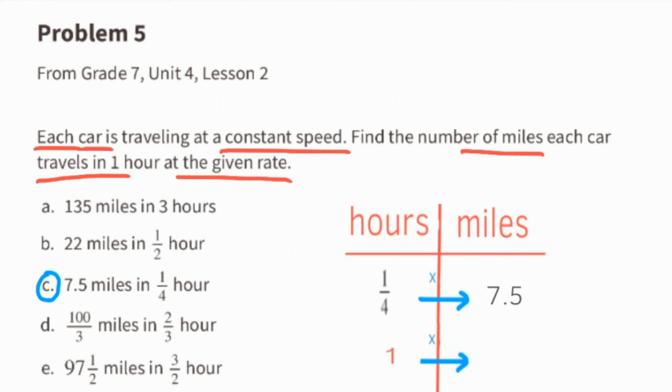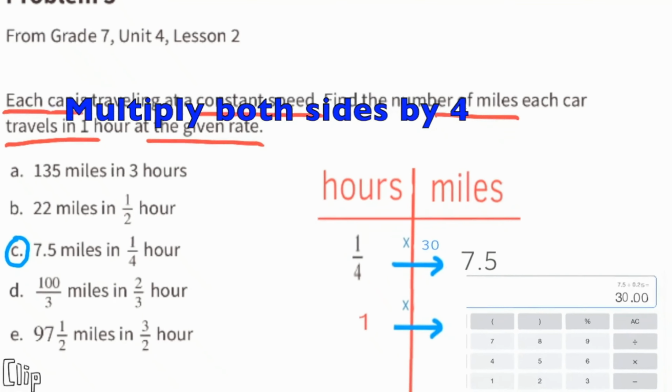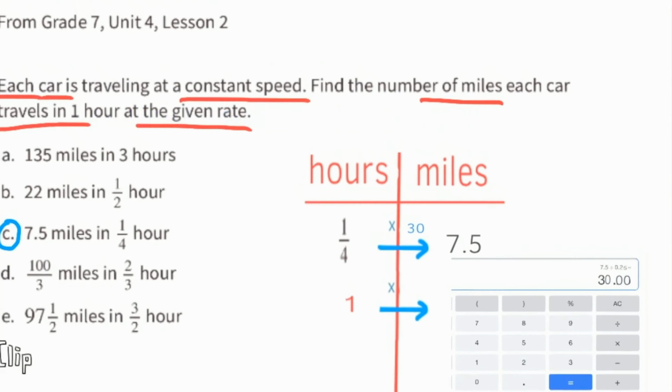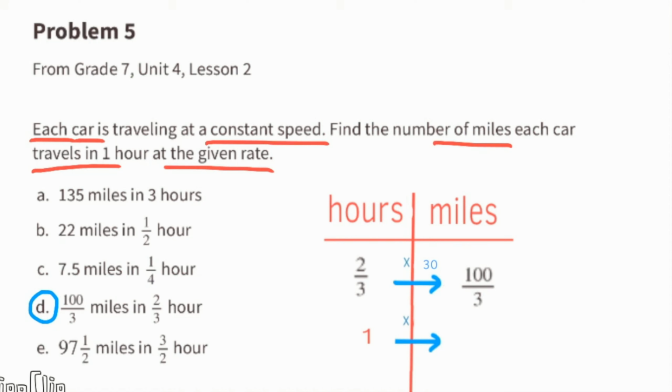C. The given rate is 7.5 miles in 1/4 of an hour. We can multiply 1/4 times 4 to make it 1 hour, and we have to multiply 7.5 times 4, which is 30. So car C is driving 30 miles in 1 hour. The given rate for car D is 100/3 miles in 2/3 of an hour.